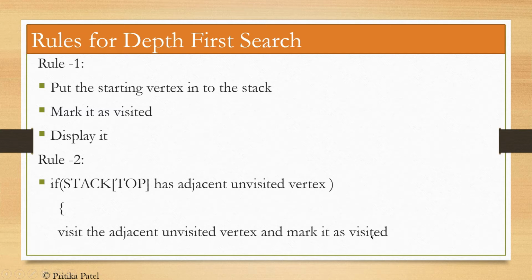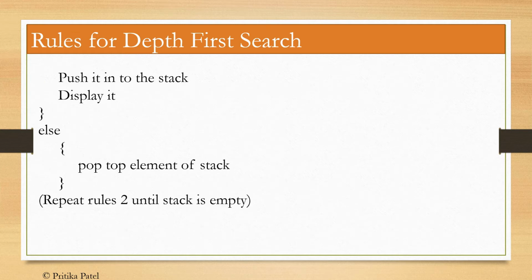So in rule number 2, we have to check the top value of the stack, and if this vertex has an adjacent unvisited vertex, then we visit the adjacent unvisited vertex and mark it as visited. Then push it into the stack and display it.